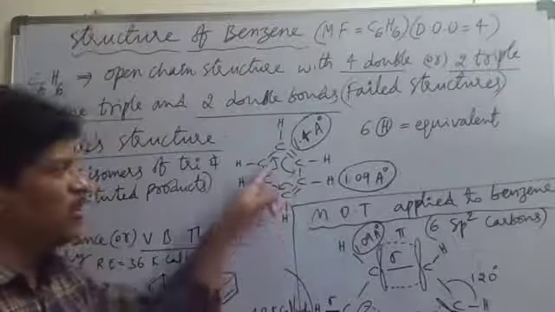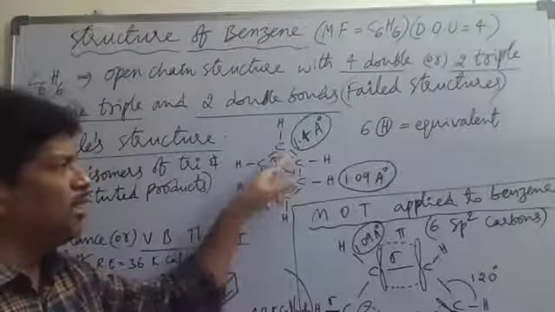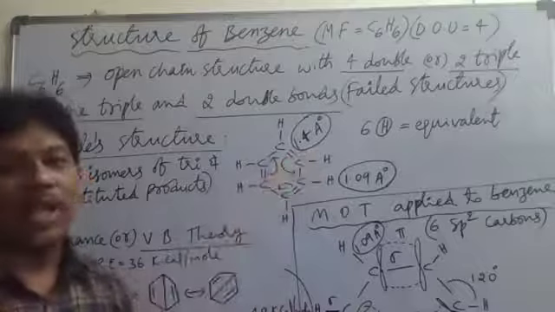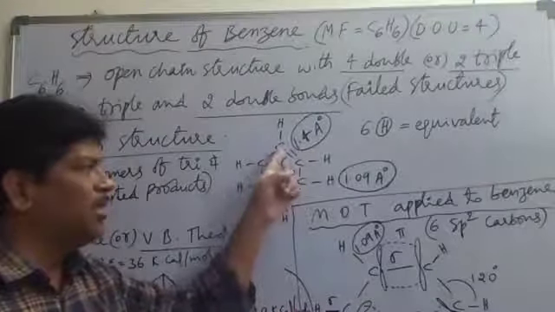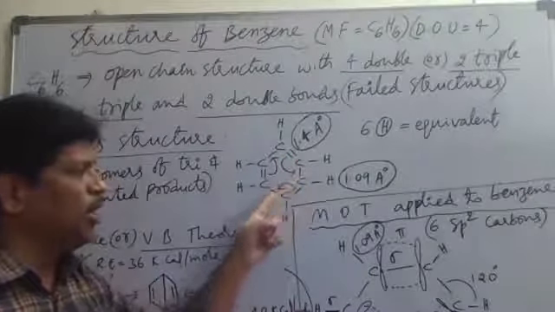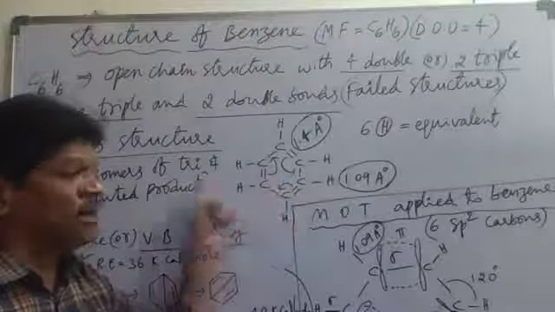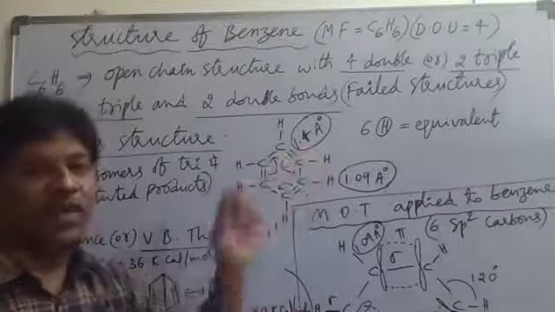Because of this resonance, the bond length between any 2 carbons is observed to be 1.4 angstroms only. Don't take it that the carbon-carbon double bond length is less and the single bond length is more. Between any 2 carbons in Kekule's benzene, it is 1.4 angstroms.